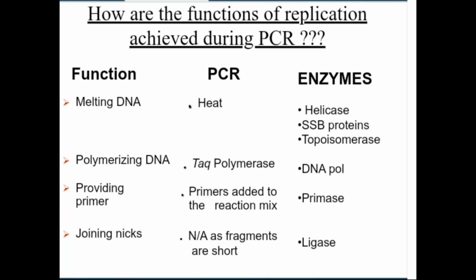So when we're talking about natural DNA replication, before the start of replication, in the initiation stage, the double-stranded DNA should be separated and unwound and converted into single-stranded DNA.